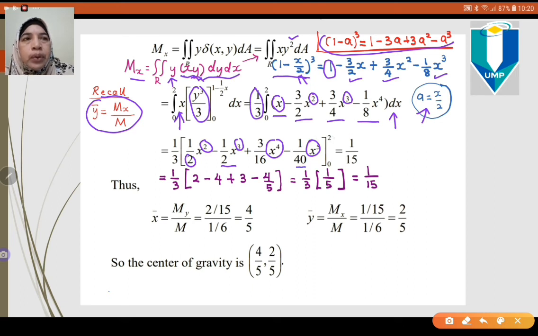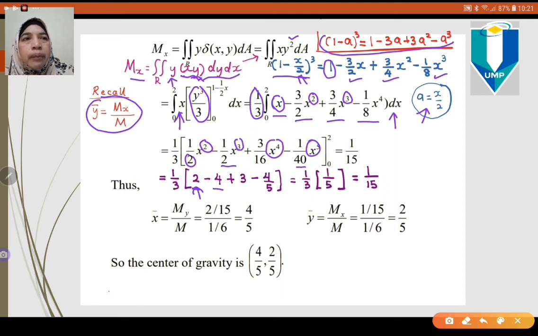So when you substitute values in for x, x squared will give you 4. 4 divided by 2 will give you the value 2 here. Then for x to the power of 3, you substitute 2 in, you get 8 divided by 2, which gives you 4.